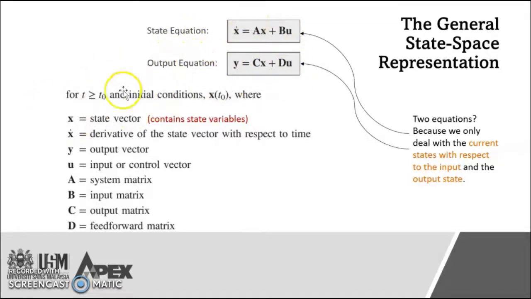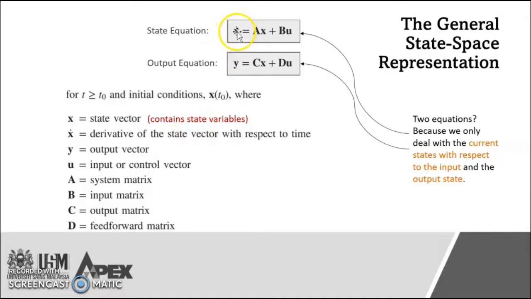So if you could see here, for this representation, t is always bigger or equal to t0, and the initial conditions x of t0, where x is the state vector. Both x in the state equation and the output equation is the state vector. It contains the state variables. Okay, and then x dot, which is here, is the derivative of the state vector with respect to time, and it is always the first derivative.